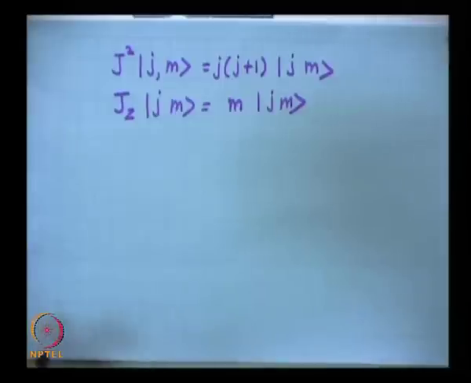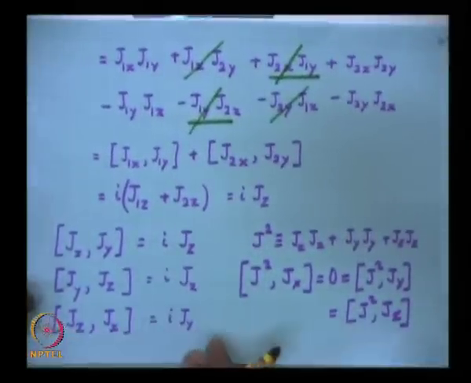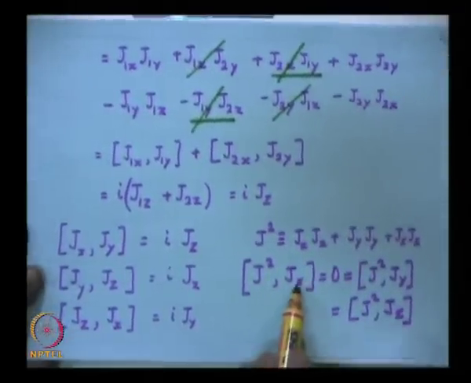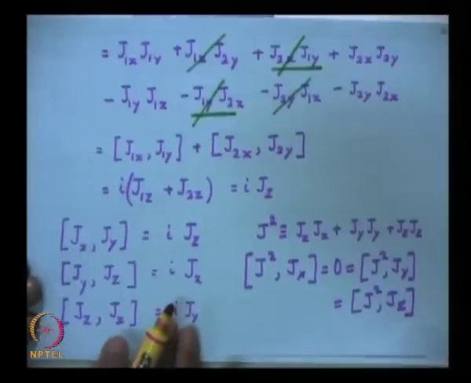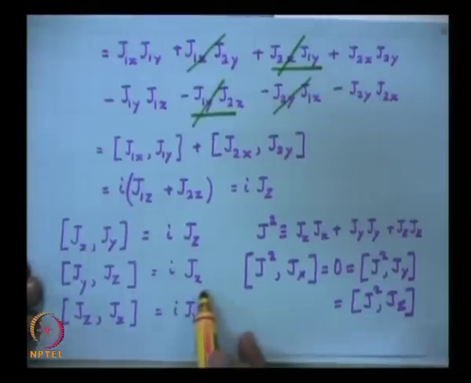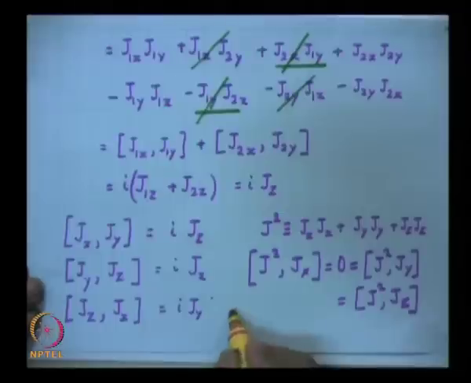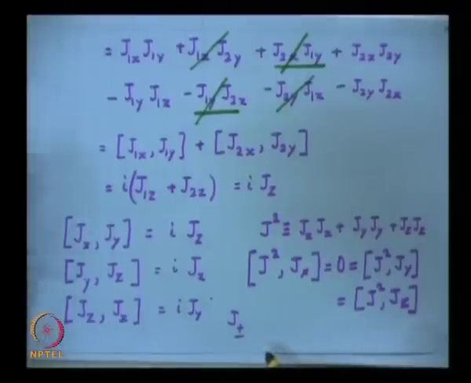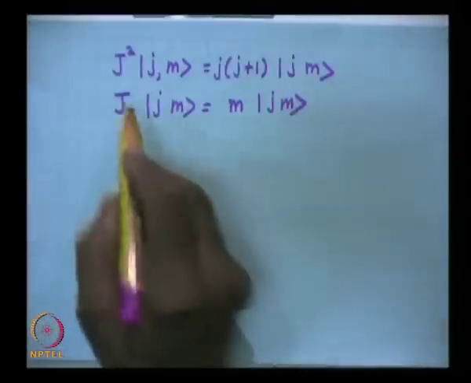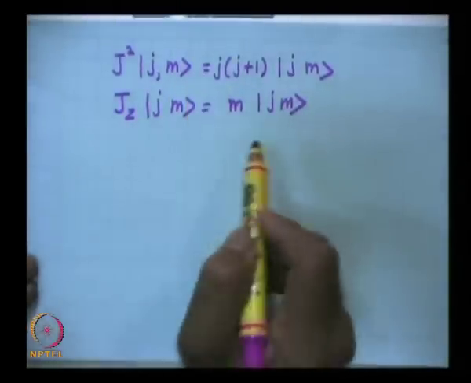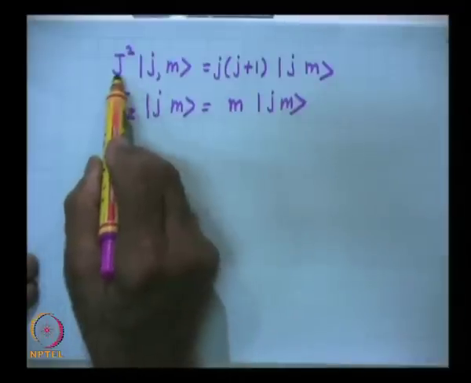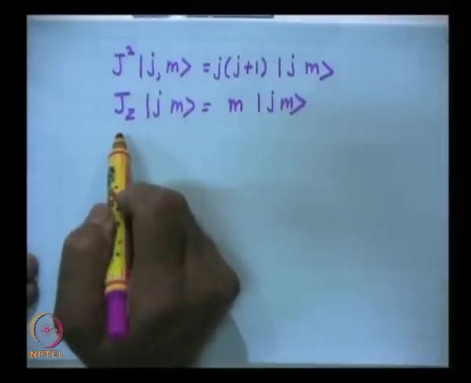I hope I have made myself clear that the components of the total angular momentum vector satisfy the same commutation relations, and therefore, we can again develop the same kind of algebra, introduce operators like J plus and J minus, and obtain simultaneous eigenkets of J square and Jz.